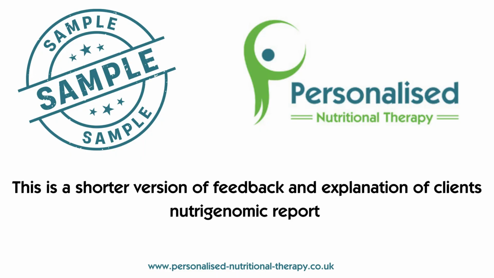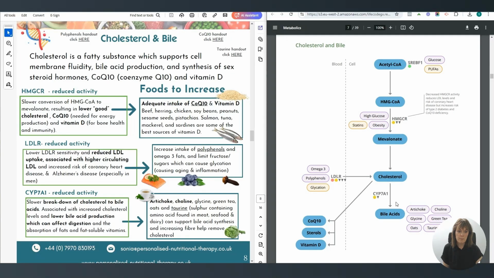And then the last one, for this to go through to actually producing the bile acids, we've got a slower breakdown of cholesterol to bile acids. It's associated with increased cholesterol levels and lower bile acid production, which can affect digestion and the absorption of fats and fat soluble vitamins, which we said again before. So how you can support that, these are some nutrients and foods.